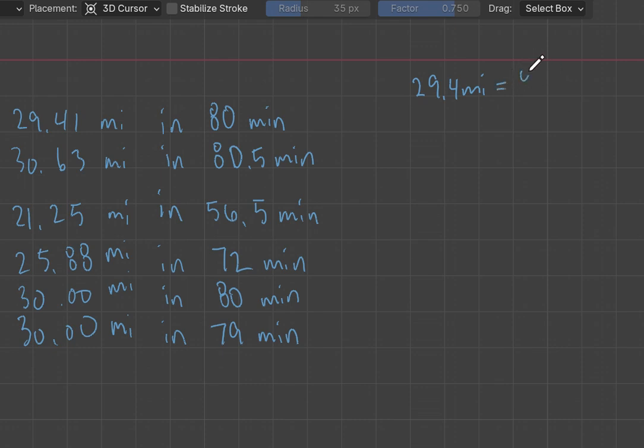I set it equal to 80 minutes. That way what I'm saying is if I've gone 29.41 miles, I've biked for 80 minutes.